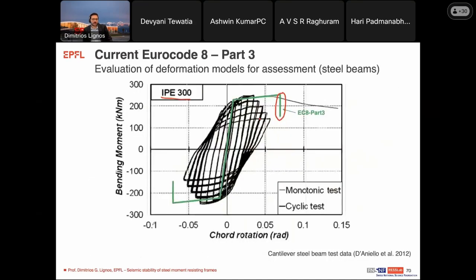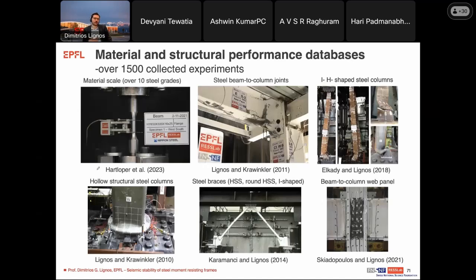So to address some of these problems and create more rational assessment models for existing structures, we put together about 1,500 collected experiments that range from material scale, connections, columns that you saw earlier today, columns also with hollow structural steel, braces, as well as, as I showed you earlier, beam-to-column web panel zone.